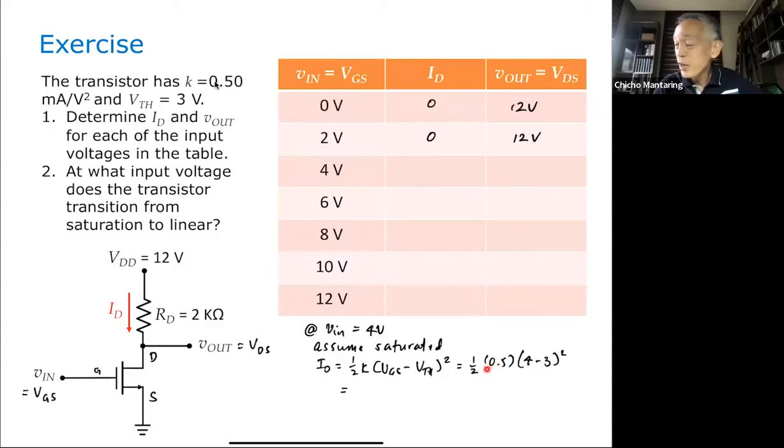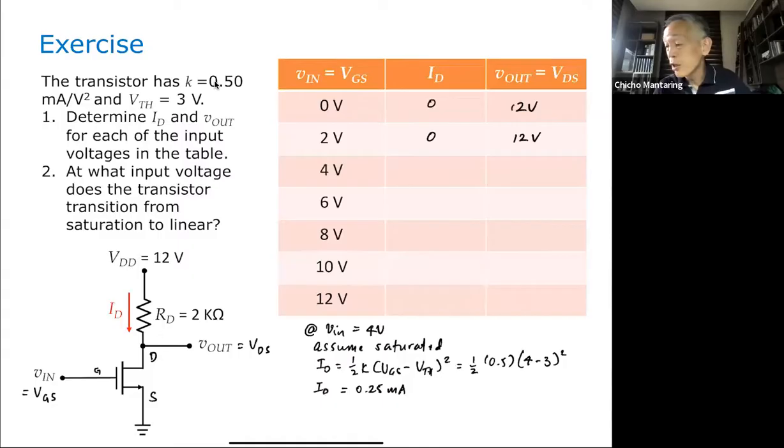So 0.5 divided by 2. Remember, this 0.5 is milliamperes per volt squared, no? So ID is going to be 0.25 mA. Okay. But don't assume na tama na yun, ano? Huwag muna nating ilalagay dito because we have to check our assumption.